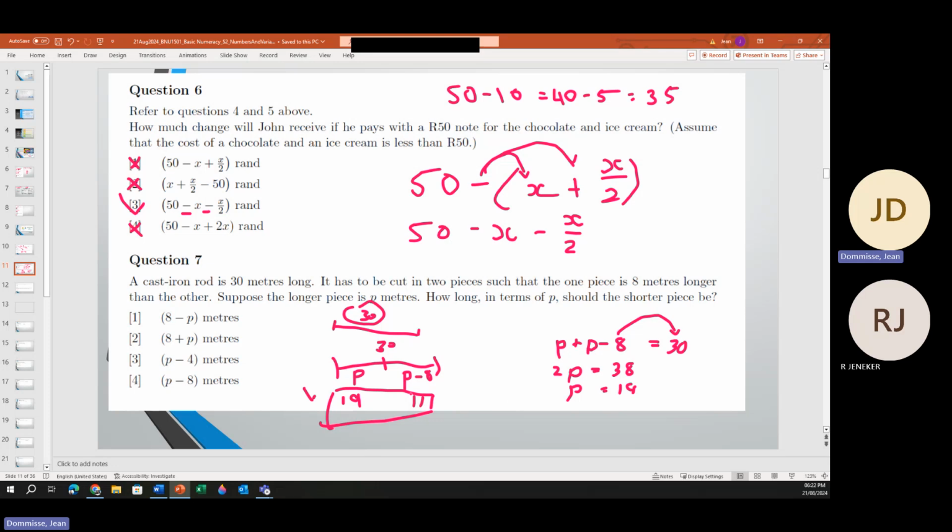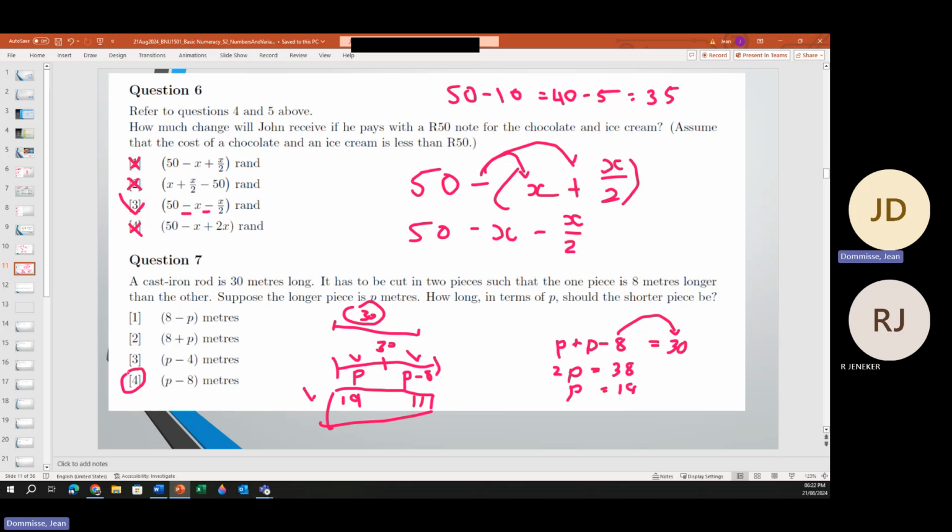Okay, so great. That means that if one is p, the other piece is p minus 8, which gives us option 4. But again, what I did was also test it with the numbers so that it makes sense.